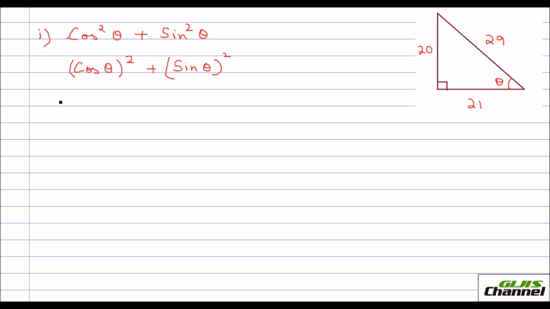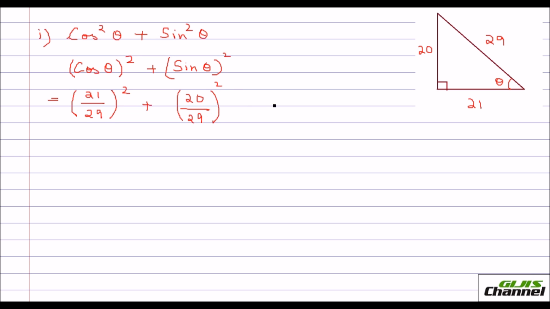Here your cos was 21 over 29, so 21 over 29 whole square, plus sine is 20 over 29 whole square.